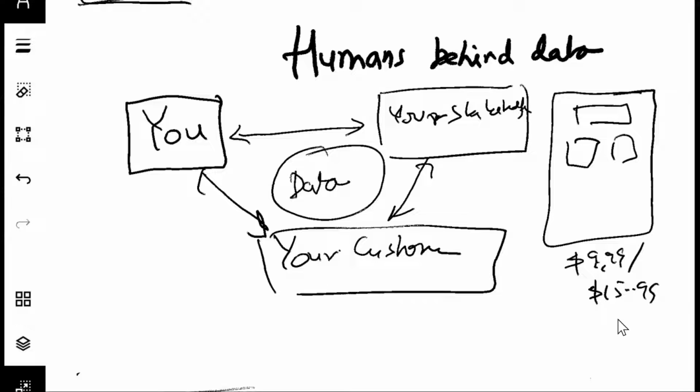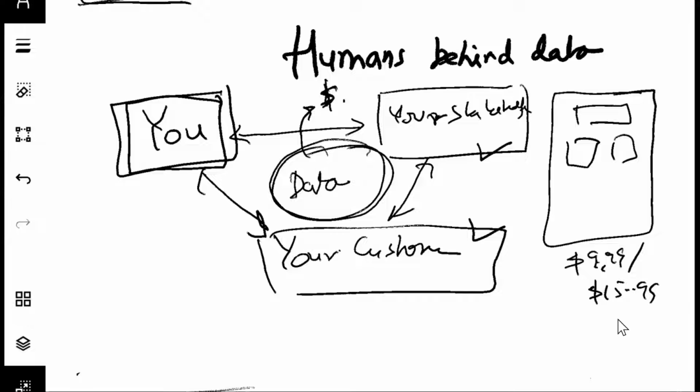We've explored the customer aspect and your stakeholder aspect, and I want to talk about you as the analyst, and things that you need to do in order for this data to become dollars or value: saving dollars, making dollars, creating value, driving growth. All of that is what we are talking about.